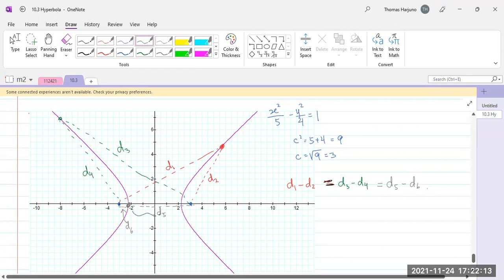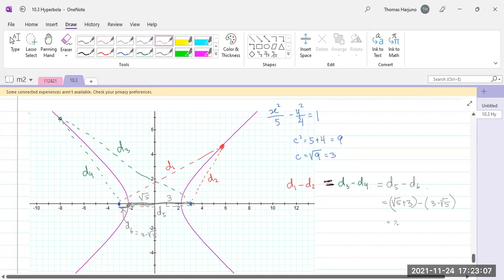D5 is radical 5 plus 3, and D6 is 3 minus radical 5.